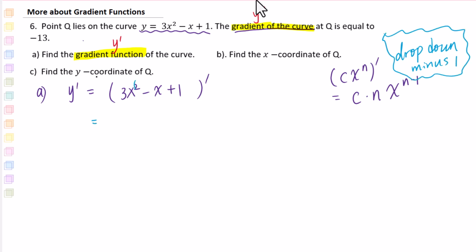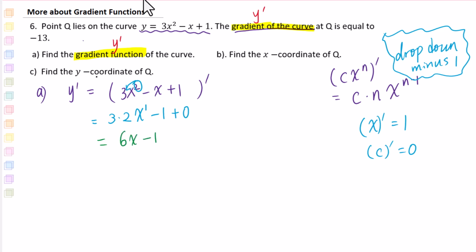Therefore, the exponent drops down, 3 times 2 times x to the first power. Also remember x prime equals 1. A constant number prime equals 0. So we get minus 1 plus 0, and organize: 6x minus 1.